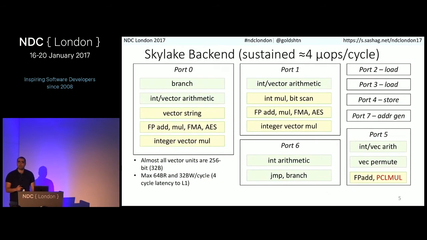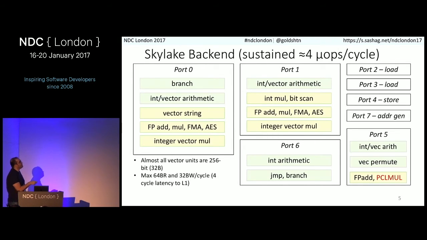So here are some of the more important execution units. Currently, we have a total of 7 ports. Some of them are not really interesting. They are just reserved for reading from memory, writing into memory, or doing calculations on addresses. The ones that have stuff inside are the ones that perform actual computation.